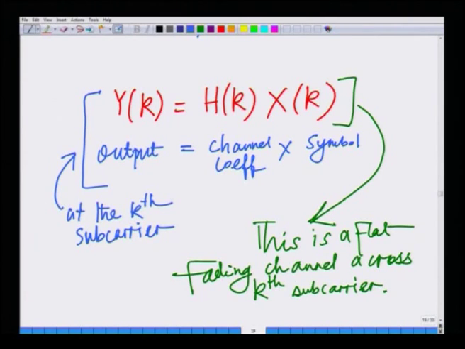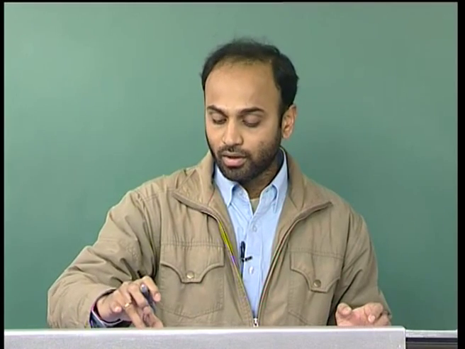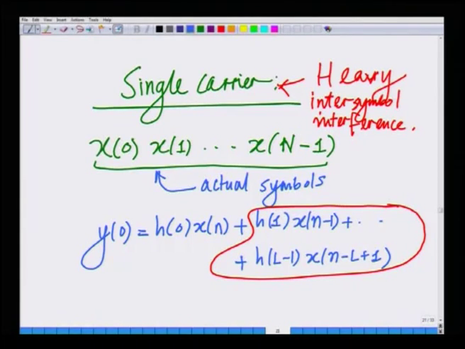Hence, we have converted a frequency selective fading channel into a flat fading channel across the kth subcarrier, and this is very advantageous, since in the absence of OFDM we have inter-symbol interference, where each symbol in the time domain xn is interfered by symbols in the previous.